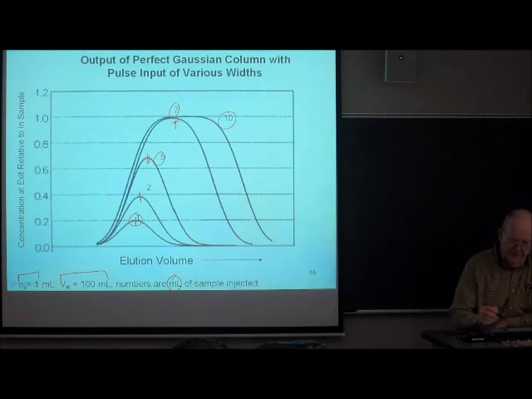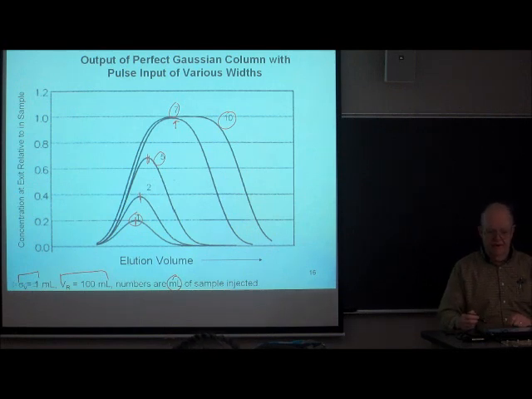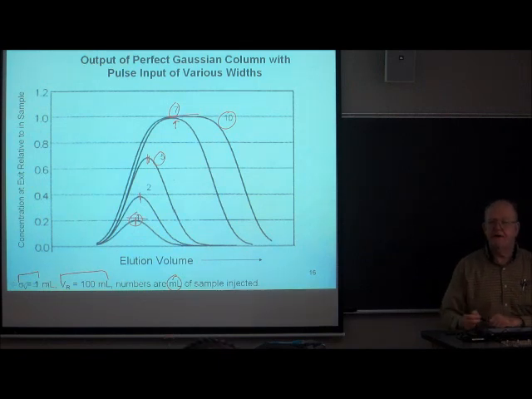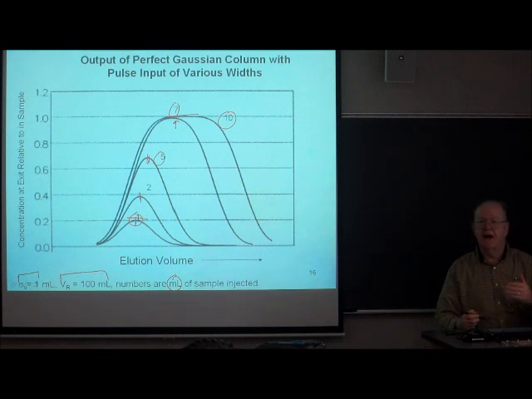And now when I inject 10 mLs, I have a much taller peak than I started with. My peak area is 10 times as big as the one I started with. The peak width is a lot wider than what I started with. And the top of the peak is now flat. There's a plateau.